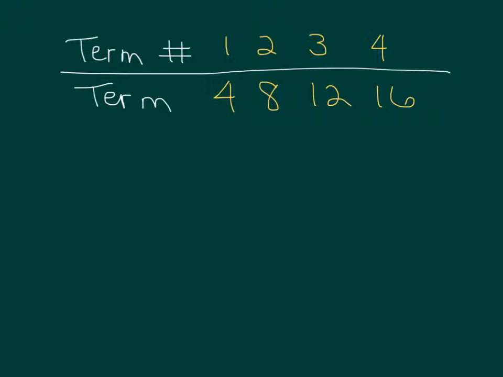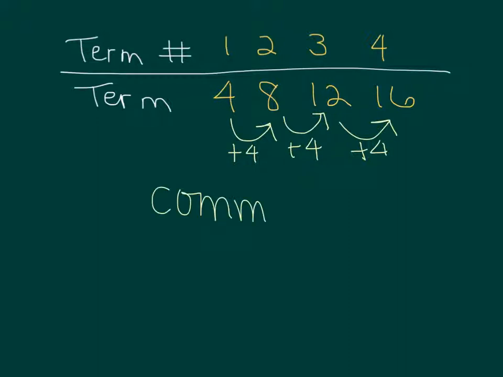For this example, you can see that the relationship between the term numbers is 1, but the relationship between each actual term is 4. So you can say that they have a common difference. The thing that the terms have in common, the common difference, is 4.